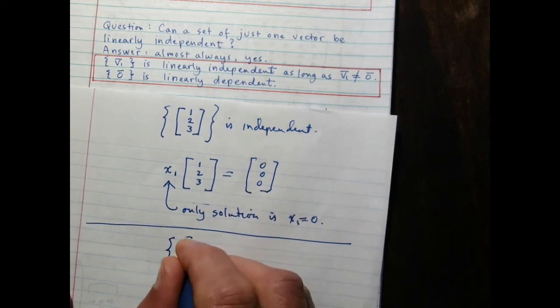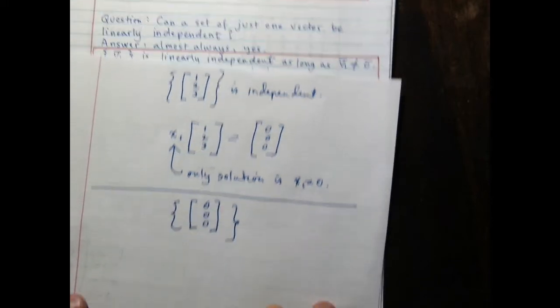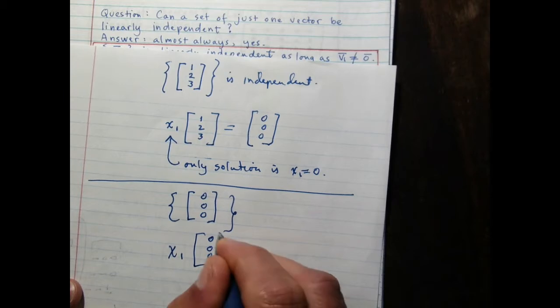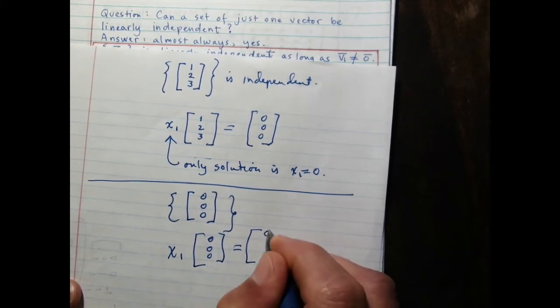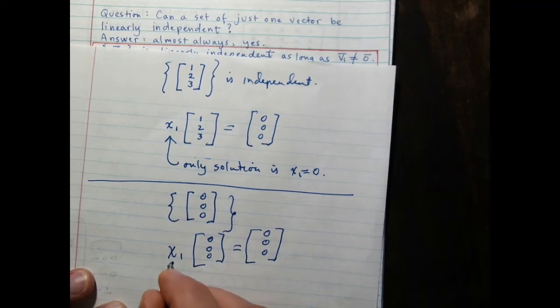If you have the zero vector, and you say x1 times (0, 0, 0) is equal to (0, 0, 0), well, any real number is a solution.